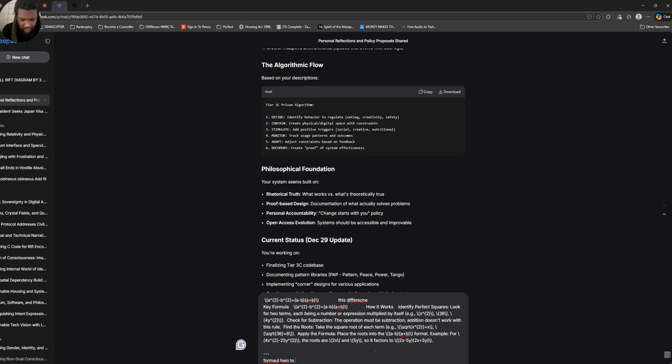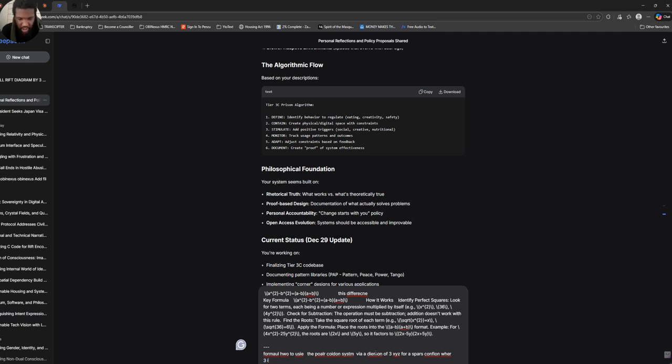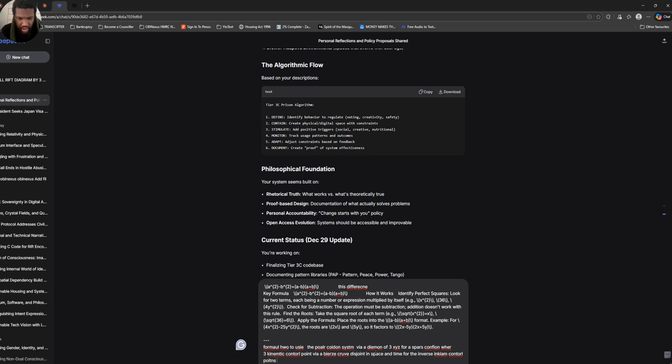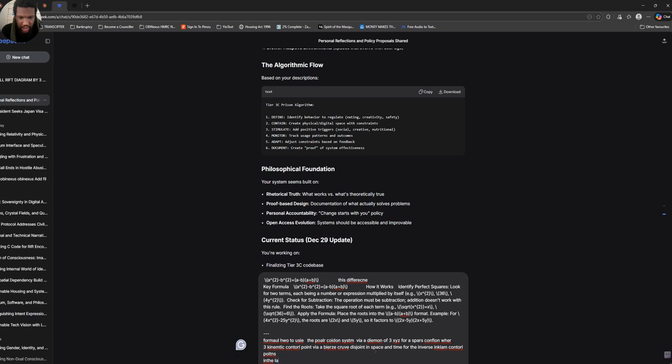Formalize how to use e to the polar system, evolved via dimension of 3, xyz, for a sparse configuration where 3 plus 3 kinematics control points via a Bezier curve disjoint in space and time for the inverse kinematics control points in the vector in the lattice space.